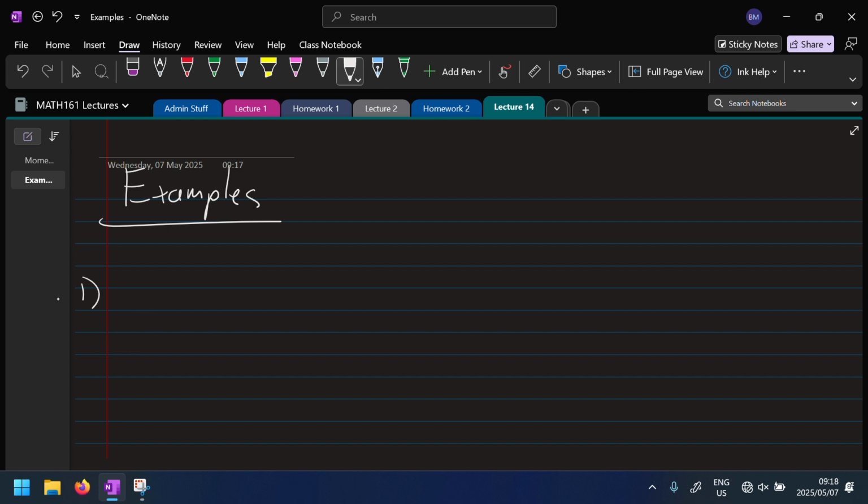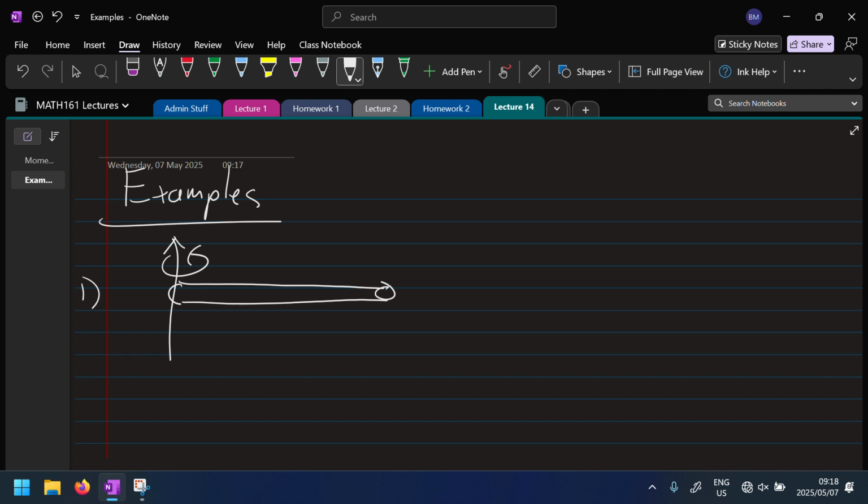Okay, so example number one. We're going to have a one-dimensional rod of constant mass density being rotated around some axis. So we've got some rod like that, again, one-dimensional, and we want to rotate around this axis. So I give you the shape, I give you the density, I give you the axis.